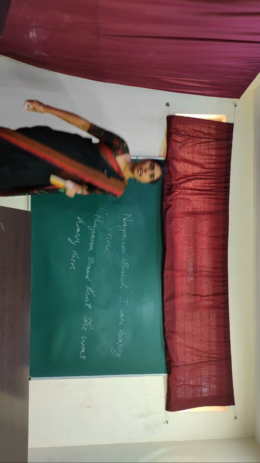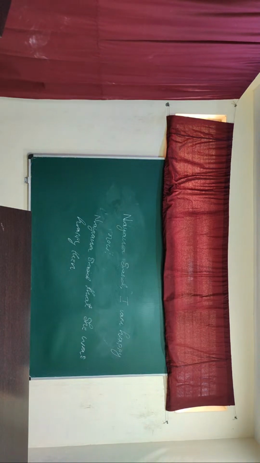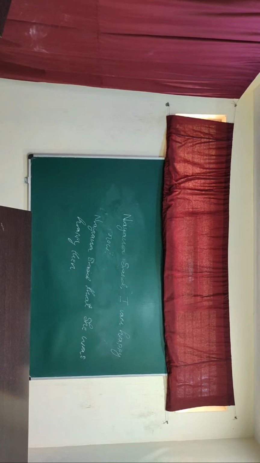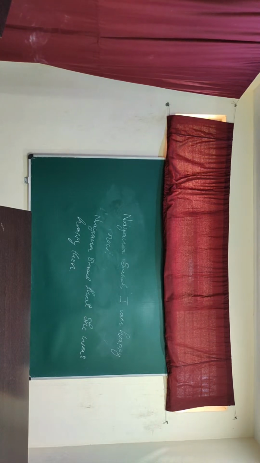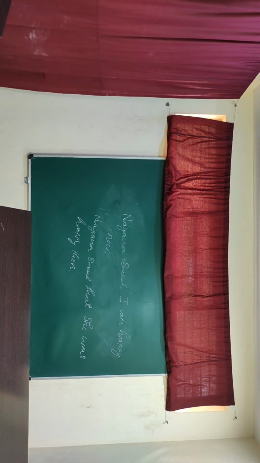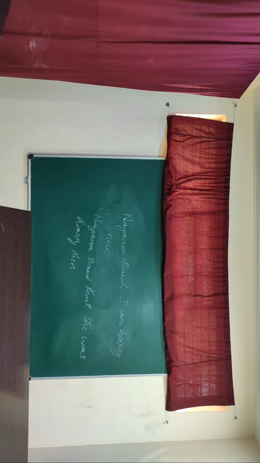Full stop. And you're not supposed to use comma or double inverted comma now. I've just given a very simple statement. Nayana said, comma, within double inverted comma, I'm happy now. So while changing, Nayana said that she was happy then.